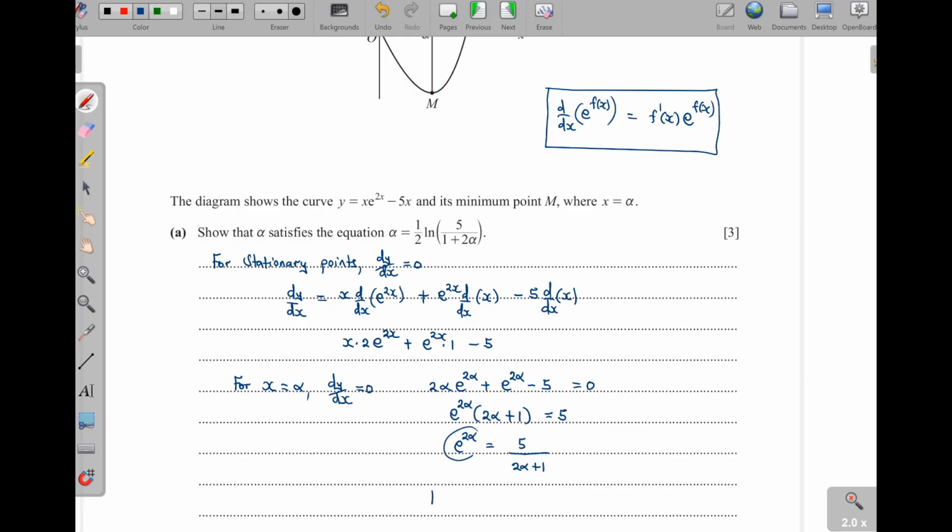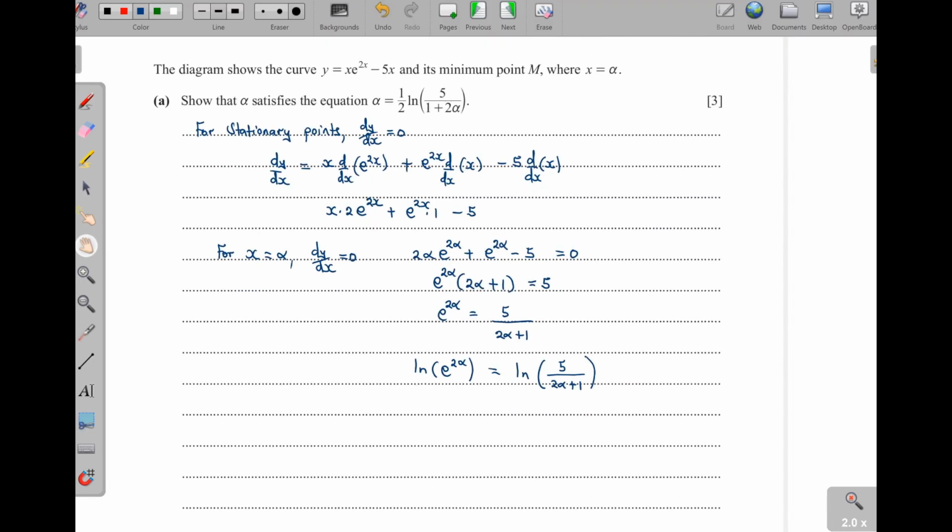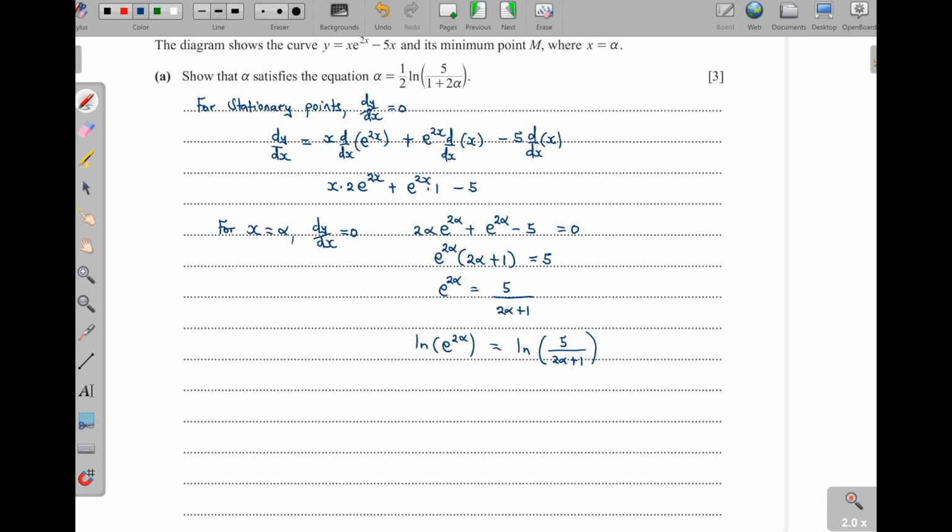Then to eliminate this exponential, I'll introduce logarithms, not so. 2 alpha here will be equal to the natural log of 5, then out of 2 alpha plus 1. Then after that, of course, using rules of logarithms, this one will come down here. We have 2 alpha, then the natural log of e.